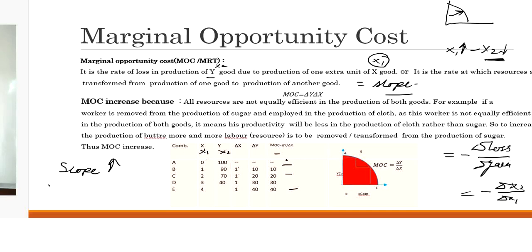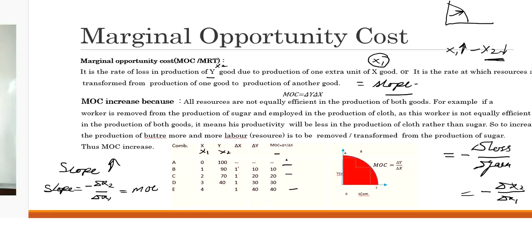For the slope, I have given you the formula, minus delta X2 by delta X1 according to this example. And this is your MOC. So students, MOC increases because every time, when we increase the production of X1 by the same unit, we have to forego more and more units of X2.